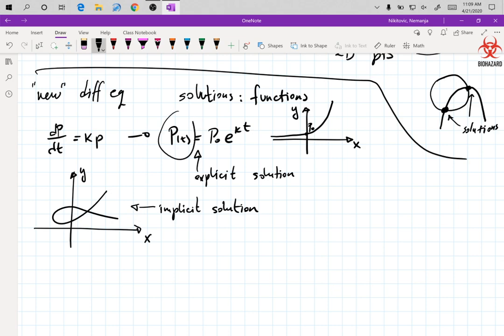See, over here you have your function equals everything else, where your dependent variable is y. So for an explicit solution you can write y equals f of t. For an implicit solution you can't. You can just have f of t, y equals 0 or a constant.